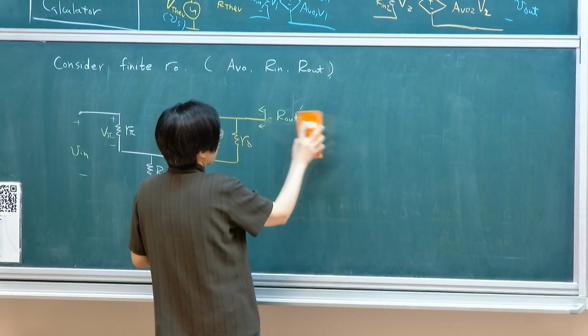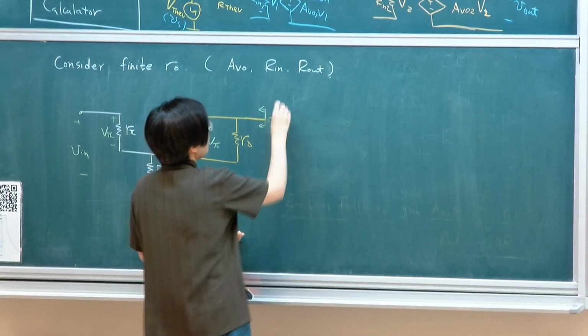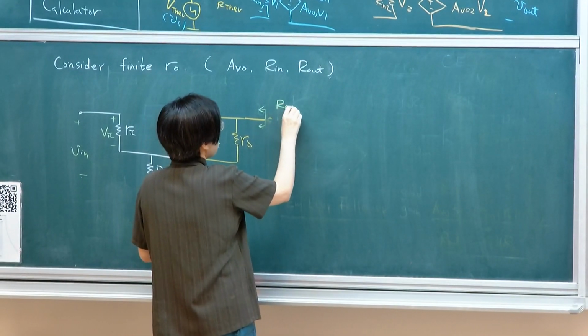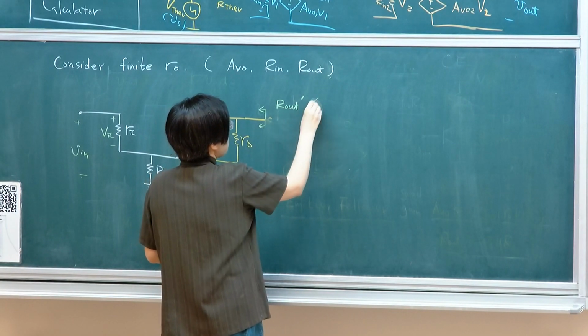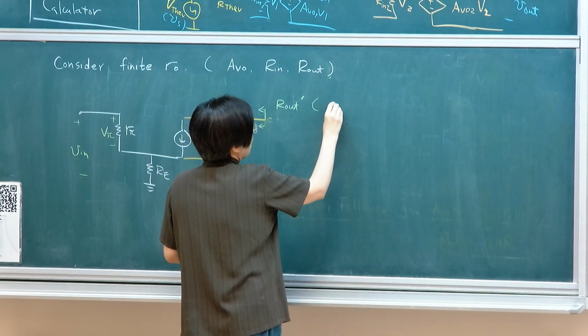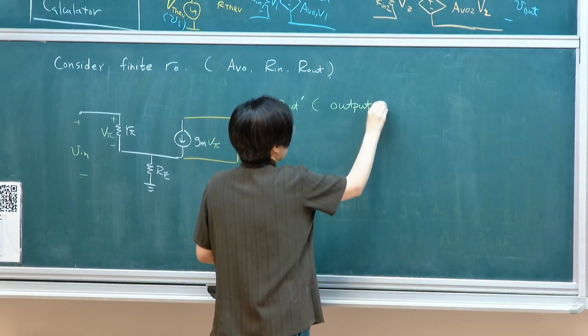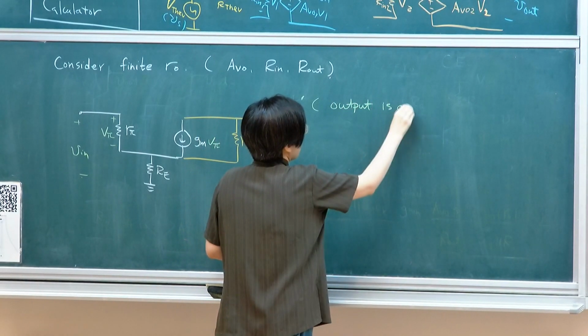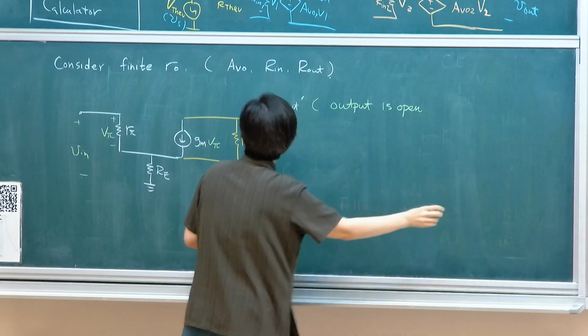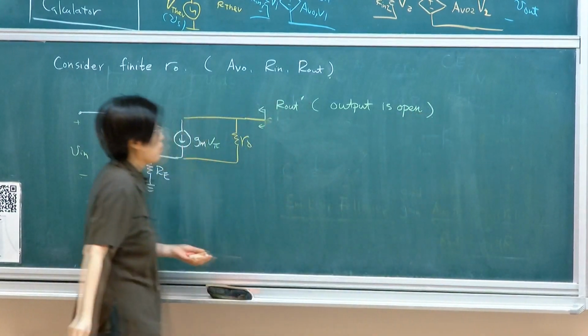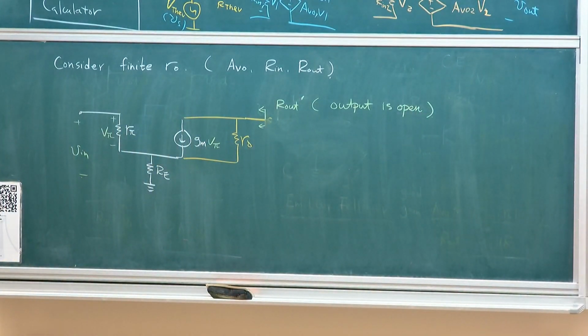So we want to find RL prime by assuming the output is open. Okay?